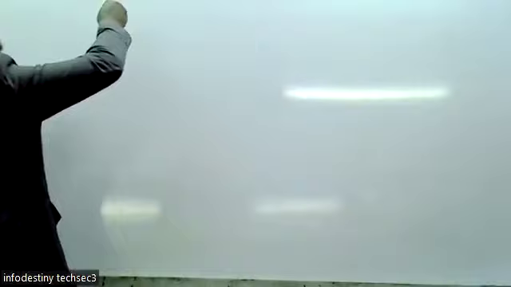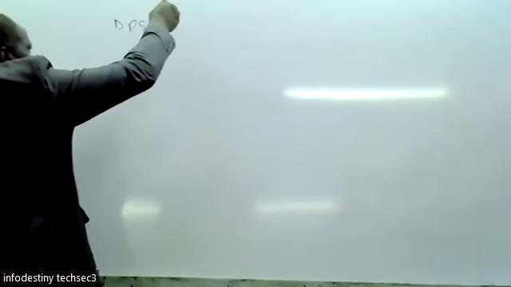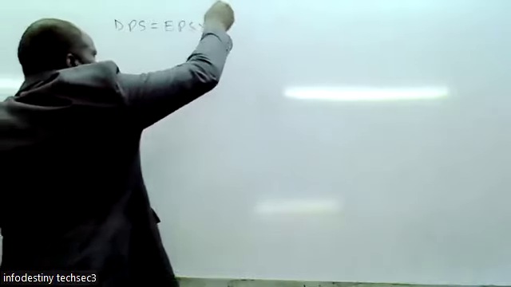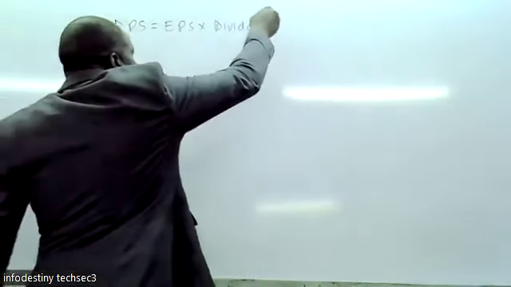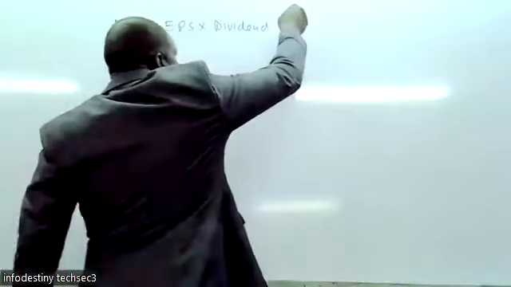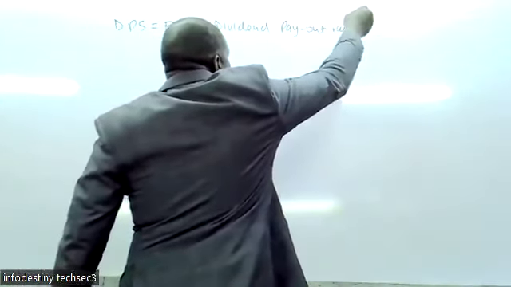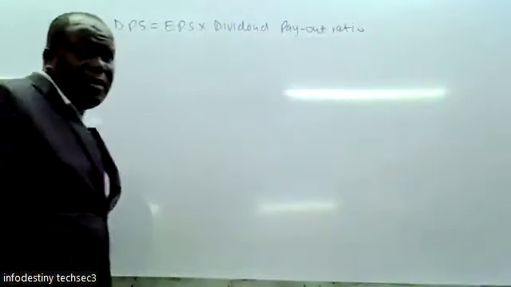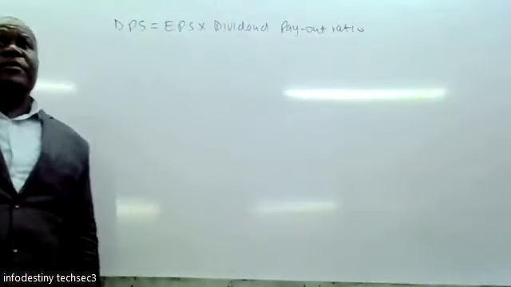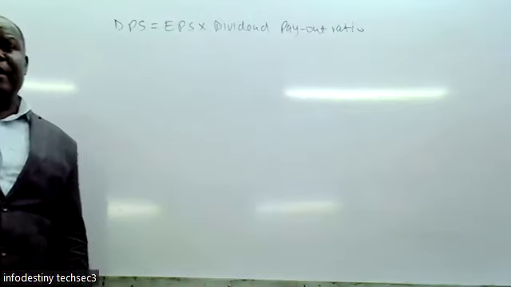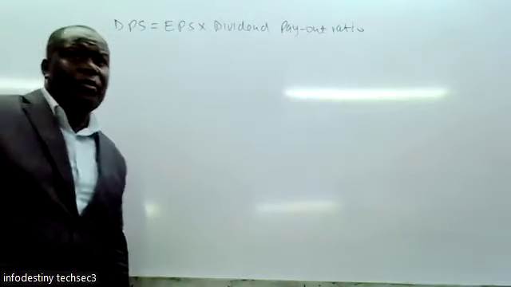So dividend per share should be given by earning per share multiplied by dividend payout ratio. So to compute the dividend per share, you simply get the earning per share multiplied by the dividend payout ratio.